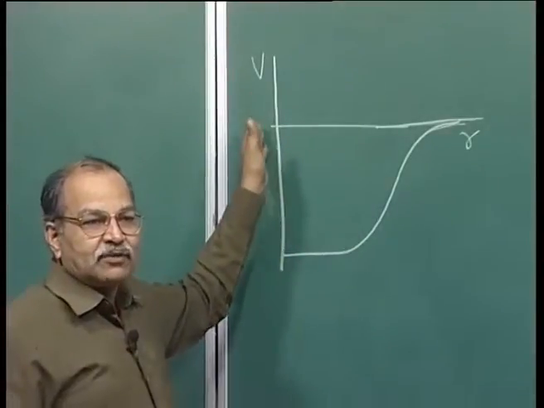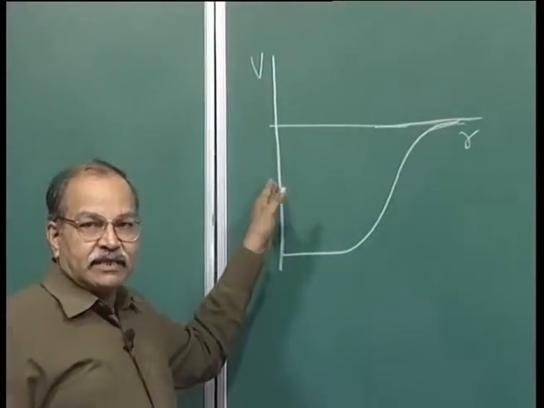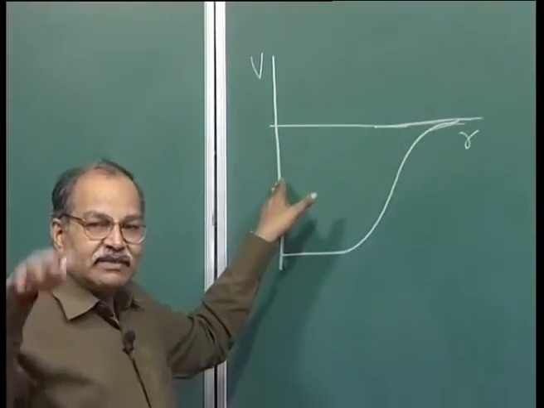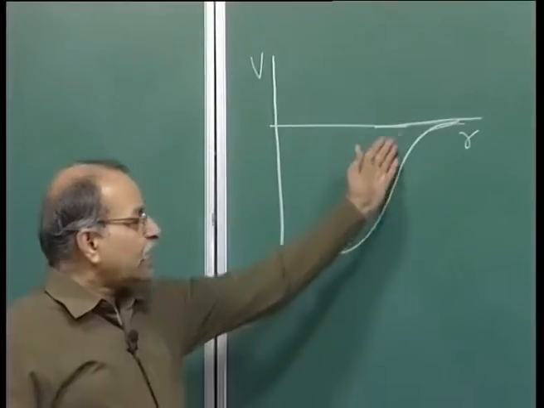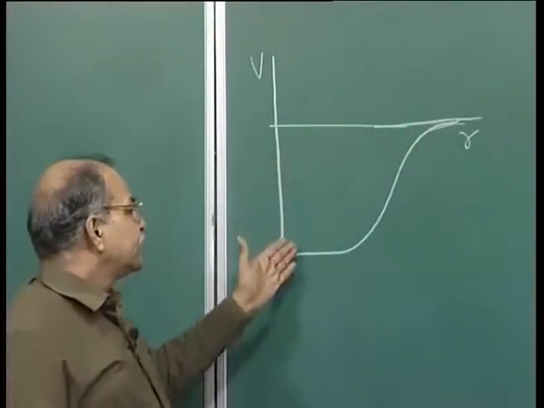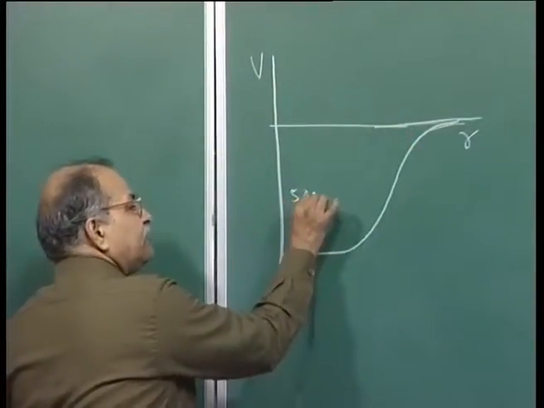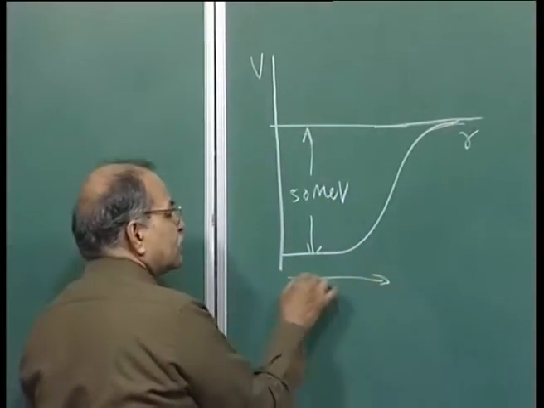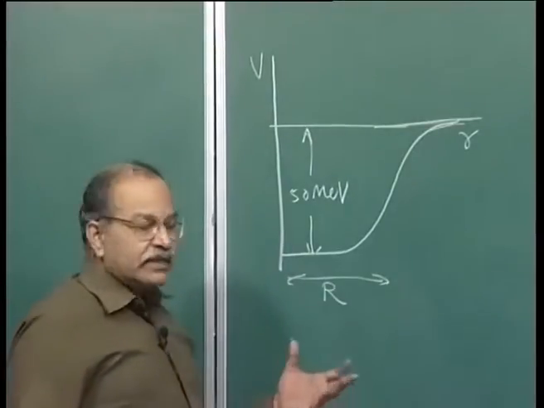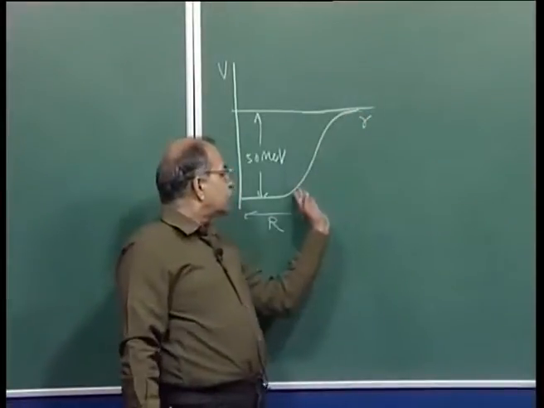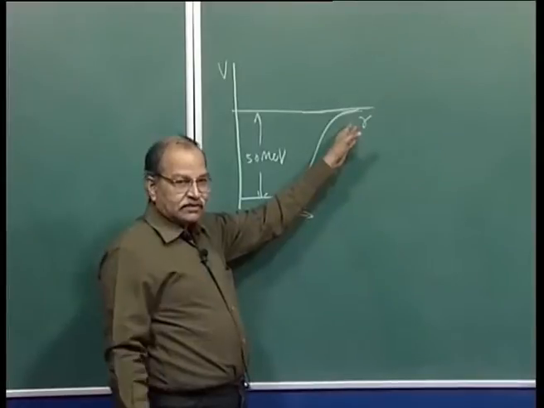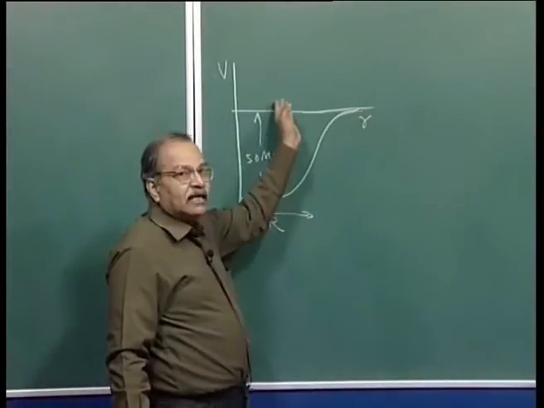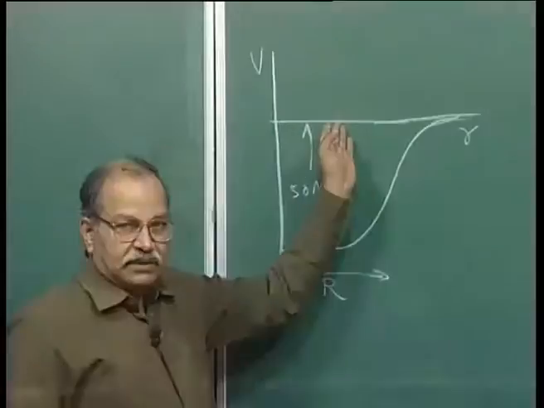If you use those harmonic oscillator energy levels and then apply L dot S on it, you do get some energy levels, and if you use this type of Woods-Saxon, normally the depth is around 50 MeV, and this R depends on the size of the nucleus, and this is how it tails off, that is a. So, how do these energy levels compare with the harmonic oscillator energy levels?